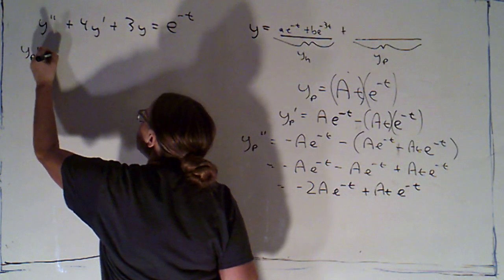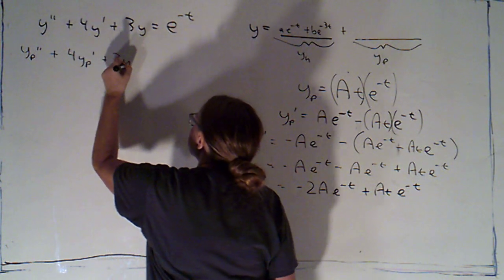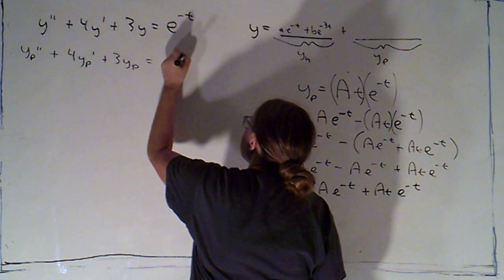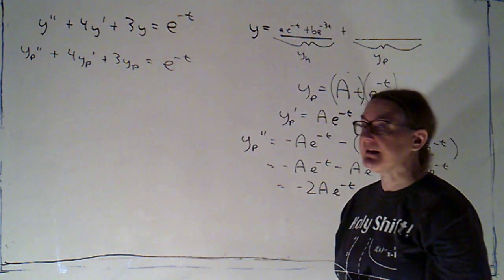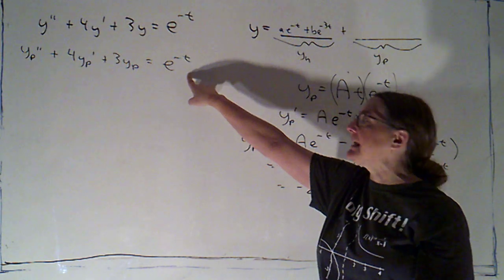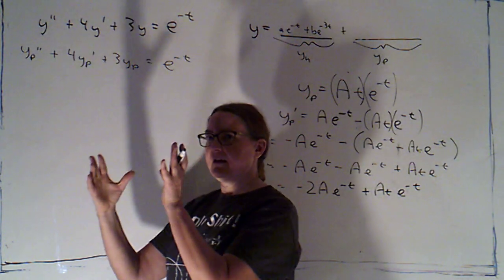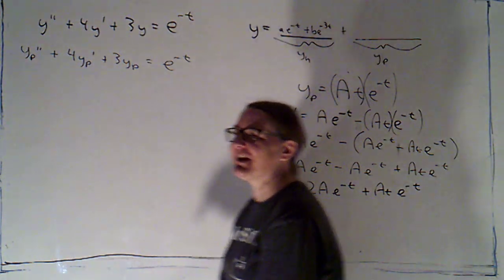So I want yp double prime plus 4yp prime plus 3yp to equal e to the negative t. Now you'll notice on this side there are no t e to the negative t's. All that means is that however many I get over here has to be 0. They have to all cancel out.